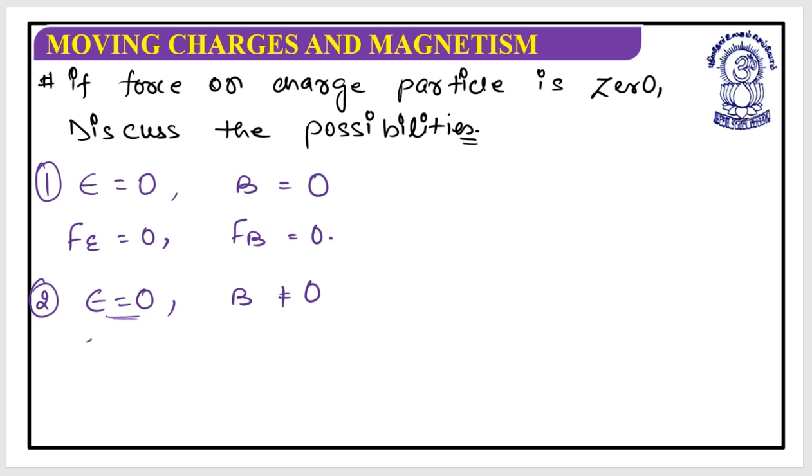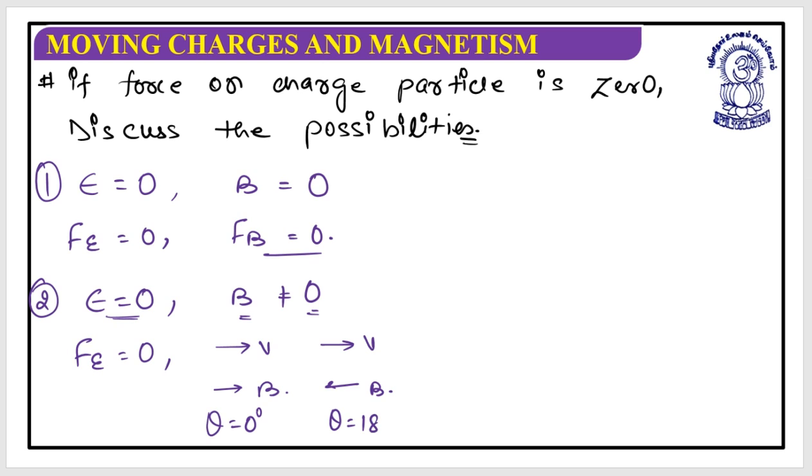If the electric field equals 0, the electric force would be 0, but if the magnetic field is not 0, what I want is that FB should be 0. So what I can arrange is that V and B are such that theta equals 0 or theta equals 180 degrees.